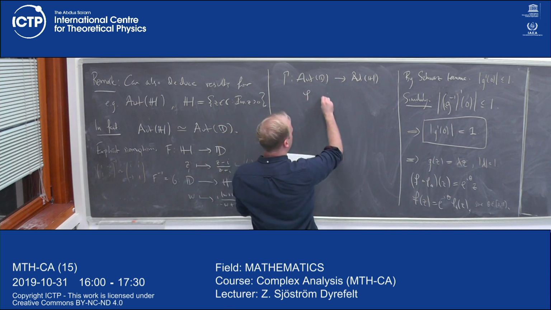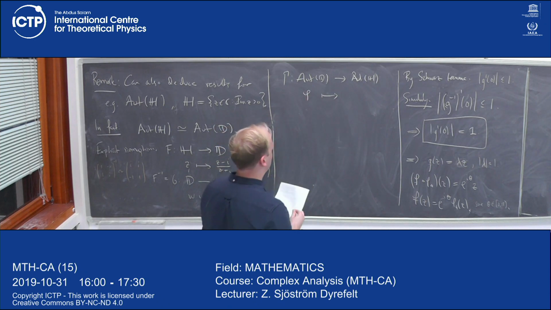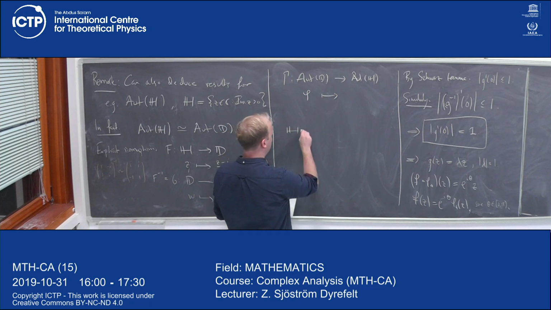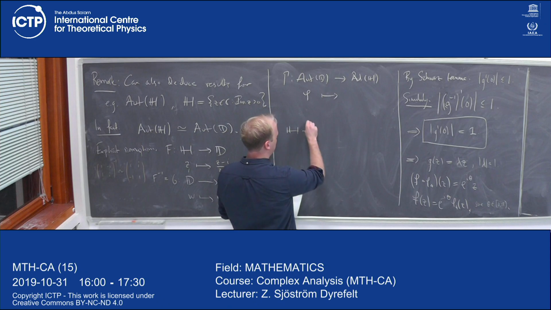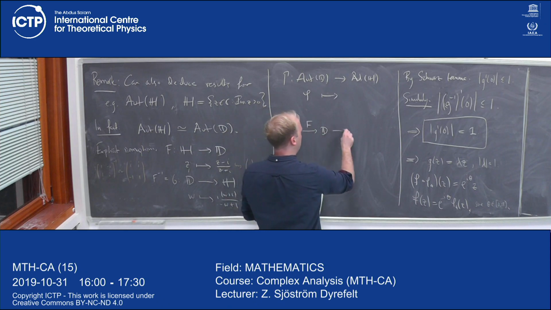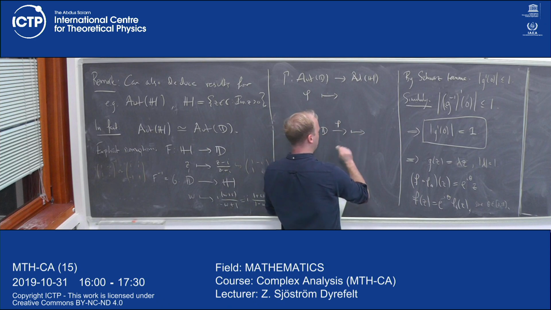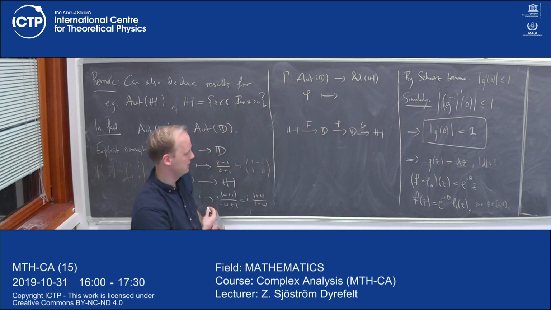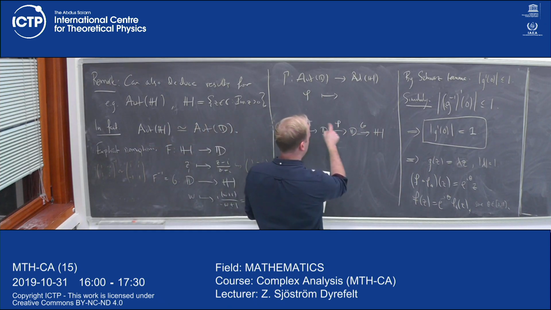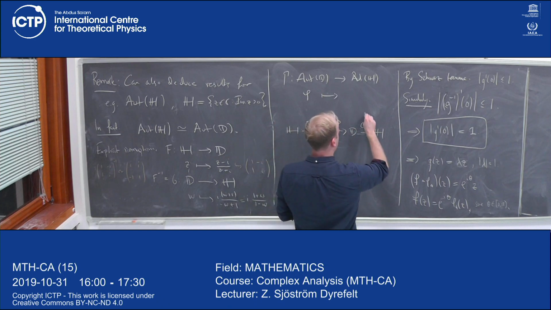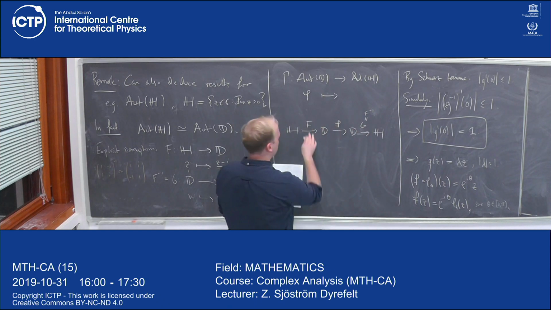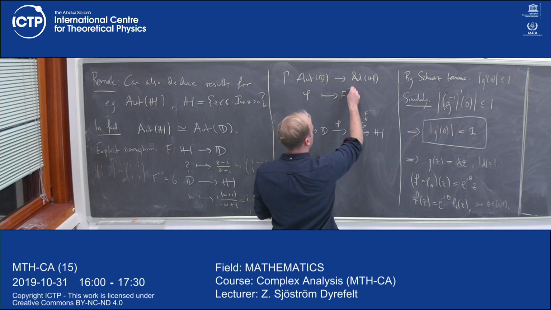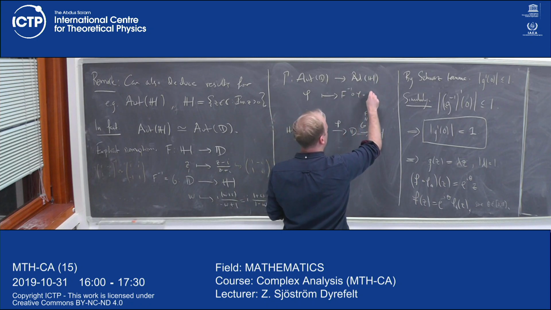If you have phi here, an automorphism of H, it means that I start in H, and I want to go using F into D, then I use phi to go again into D, then I want to go back to H, and for this I use F inverse, which is G. So I should consider this to be equal to F inverse composed with phi composed with F.